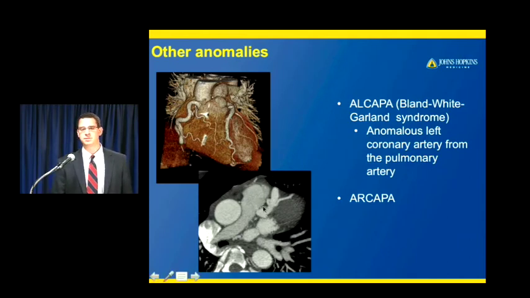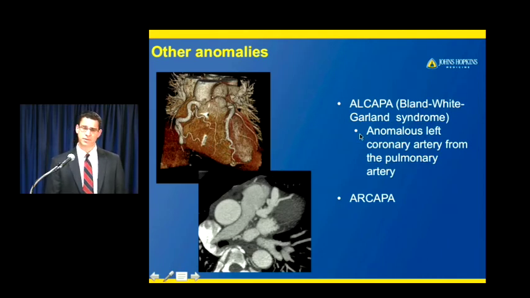Because the pulmonary artery is low pressure and the coronary artery is systemic or high pressure, the blood actually flows retrograde through the coronary artery into the pulmonary artery, and this acts as a kind of sump, and it pulls blood flow out of the coronaries. It creates ischemia in the left ventricle because of that, and also leads to high output of blood via the normal right coronary artery, and you get these really dilated and tortuous coronary arteries, which is classic for this disease.